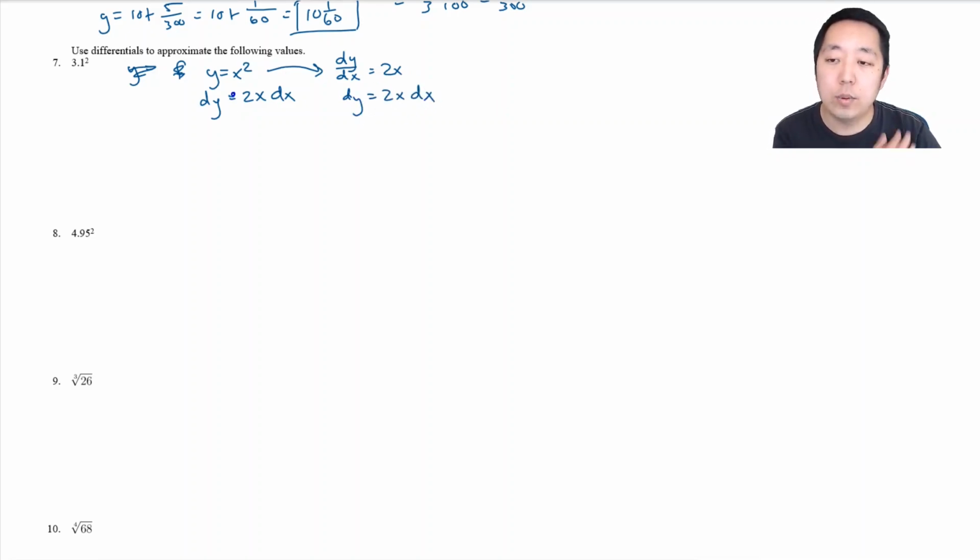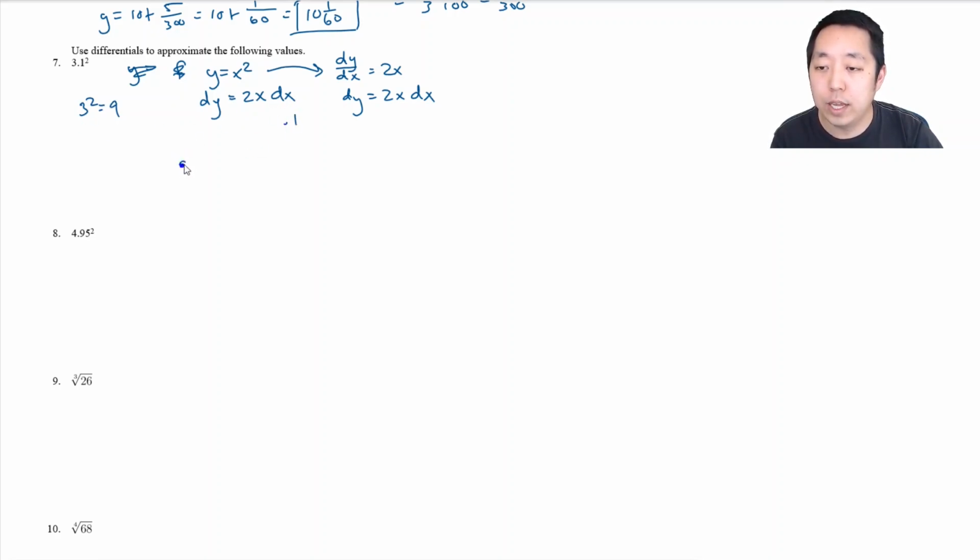Another way you can do it is just say when I take the differential, I'm going to call this dy. And when I do the differential of this, it's kind of like the derivative of x squared with a dx at the end. Okay. So I know 3 squared is equal to 9. So I want to know what the change is when x changes by 0.1.